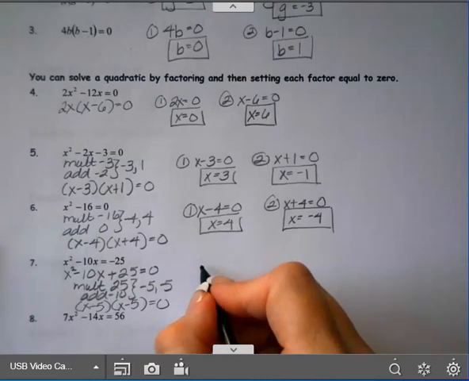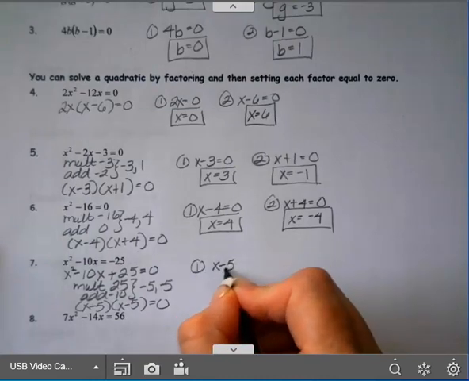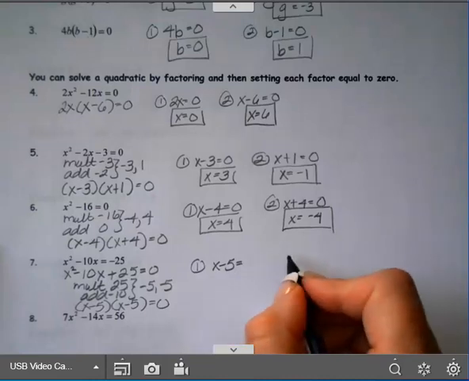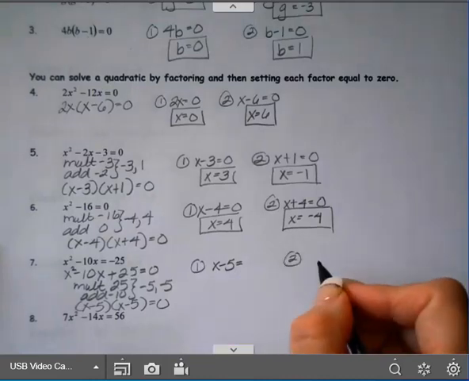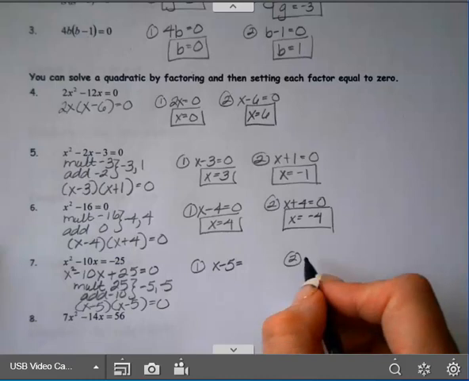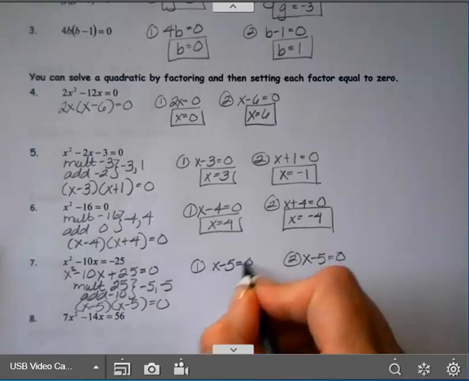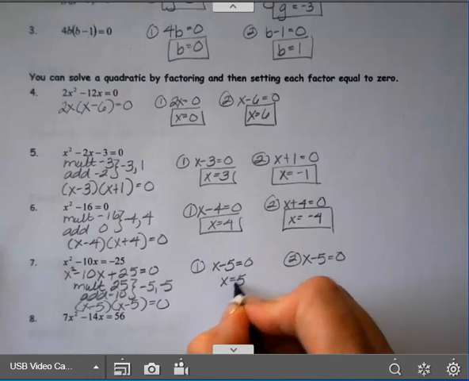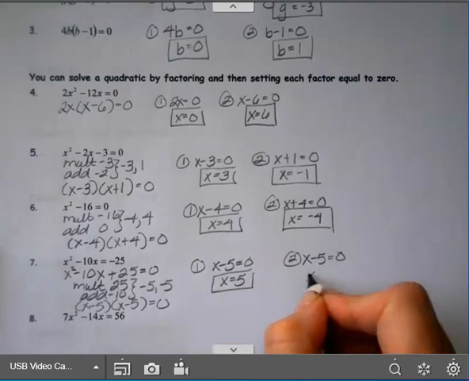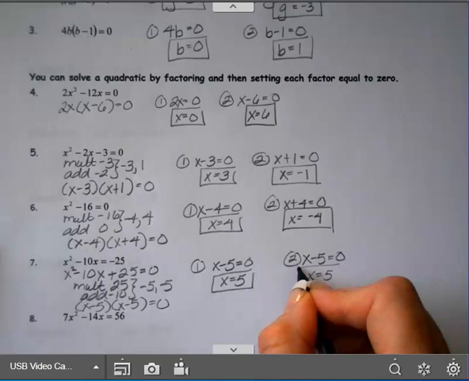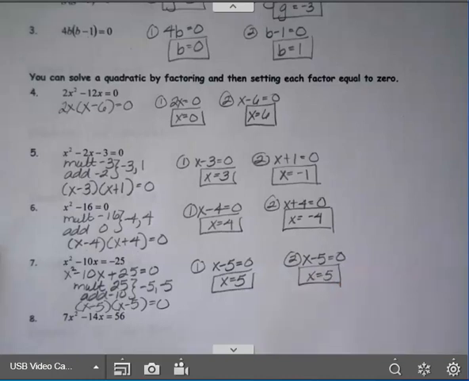Now set each factor, which are the same in this case. This is a perfect square trinomial if you'd recognize that in the form square, double square. And so your solutions are 5 and 5. It's the same value. It would be called a double root, but you could just list it once if you wanted to.